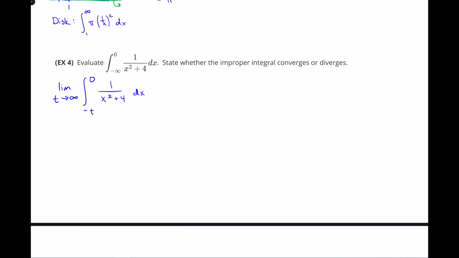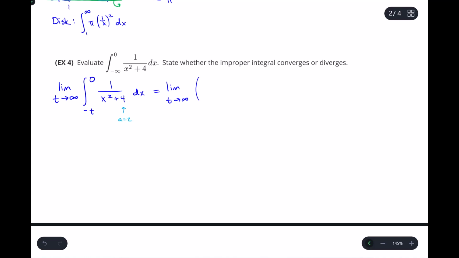Now the function 1 over x squared plus 4, when I integrate that, you should recognize this from integration techniques, that this is the form of the arctangent. So when I integrate this, I will have the limit as t goes to infinity of the arctangent, but because this term right here is 4, we would say a is 2.